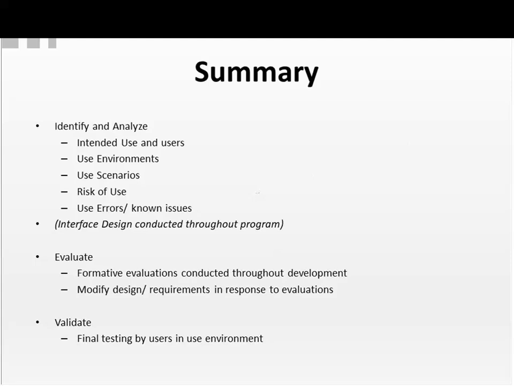We identify the use environment. We identify the use scenarios. We identify the risk of using the device. And we identify use errors and known issues. These may be from similar devices or from the literature.